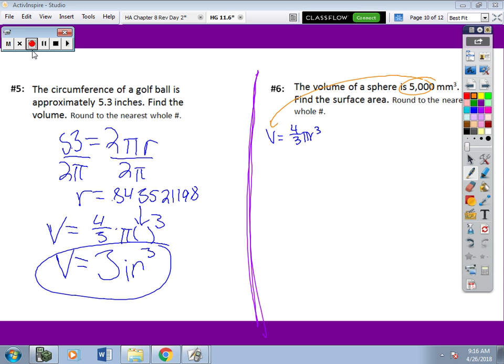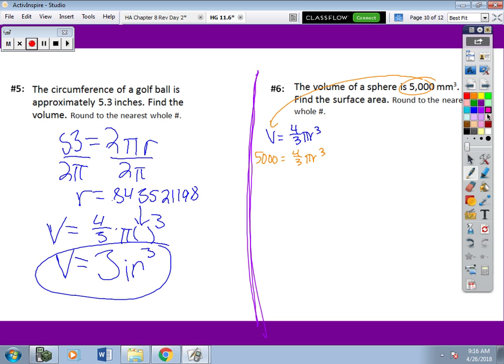What makes this one just kind of an ugly problem is that it's not 5,000 pi, so we can't just cancel out the pi's. So we have 5,000 equals 4/3 pi r cubed. So we actually need to multiply by 3/4 and then divide by pi.